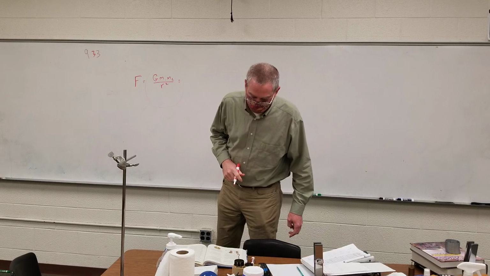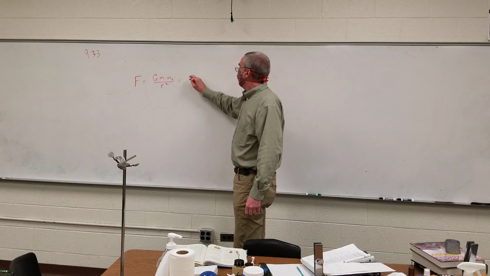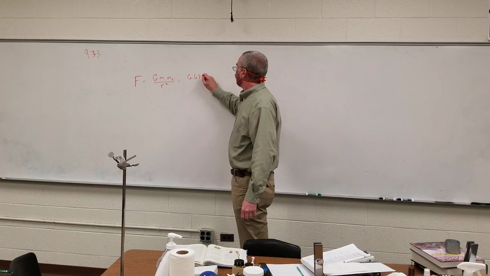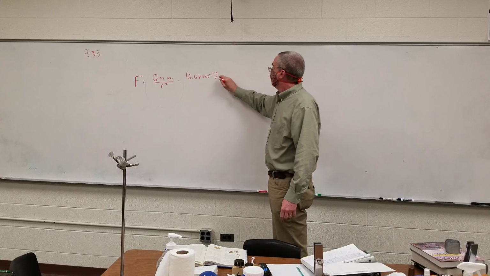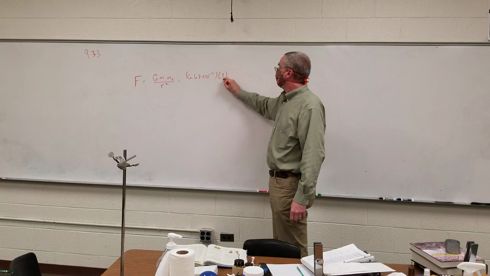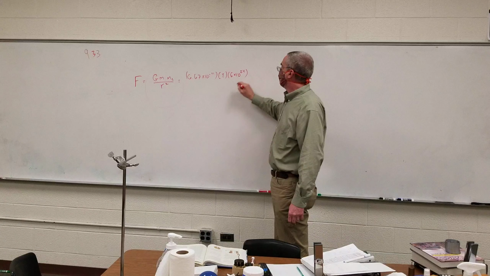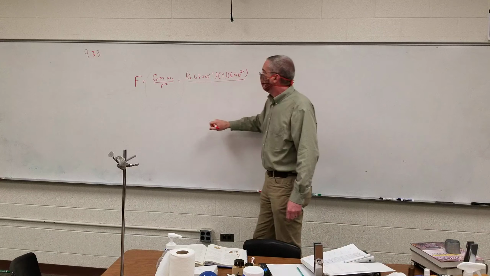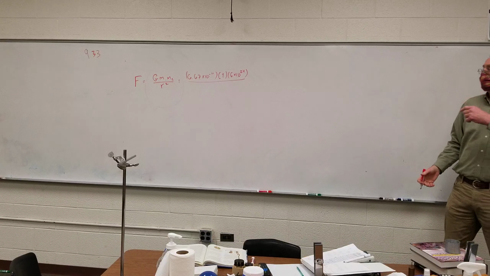He's rounded off a couple numbers there. So we have 6.67 times 10 to the negative 11th. That's big G. Mass of the object, 1 kilogram. Mass of the Earth, 6 times 10 to the 24th. Over, if it's at the surface, it's basically the radius of the Earth.